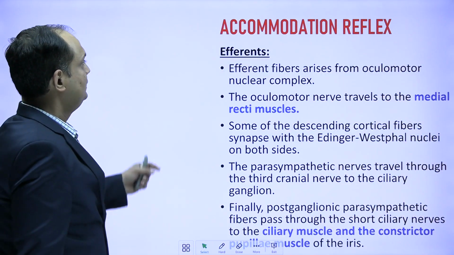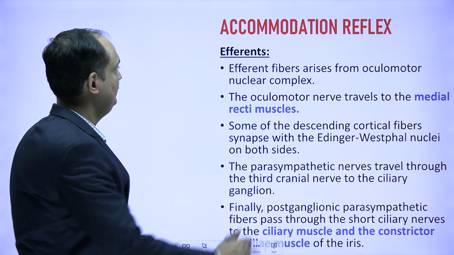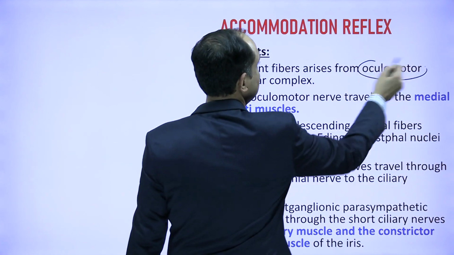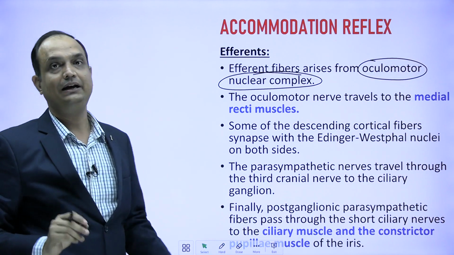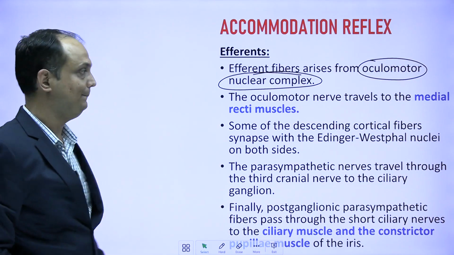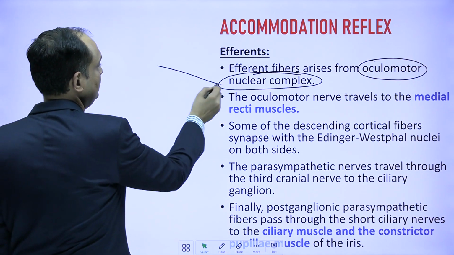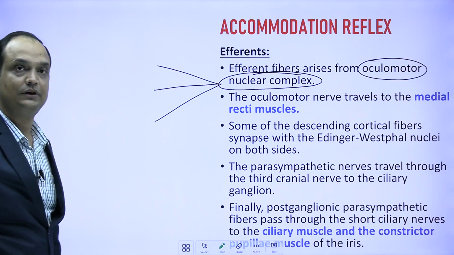Clear? Now, what about the efferents? When you look at the efferents arising from the oculomotor nuclear complex, you have three types of output.